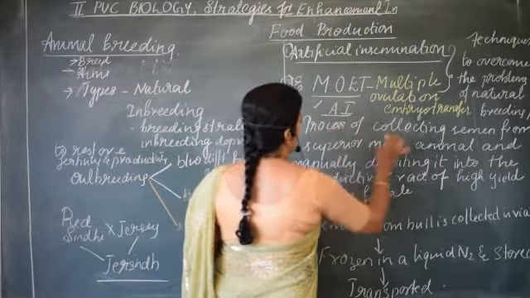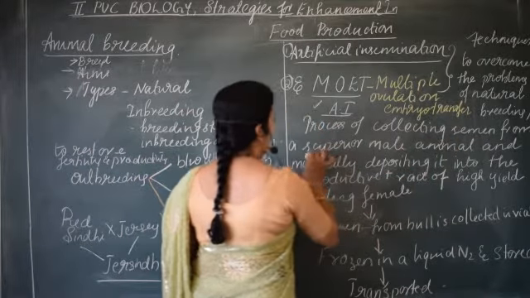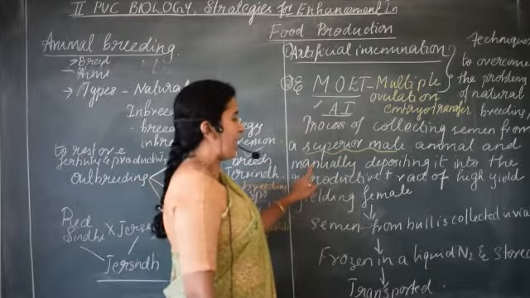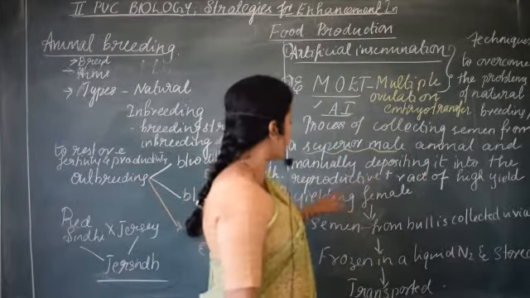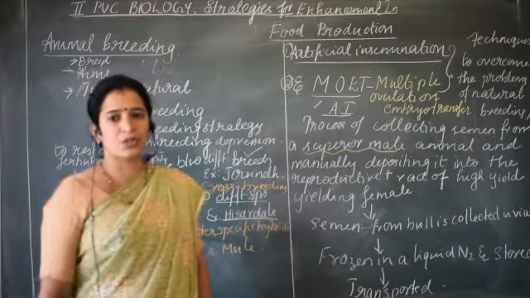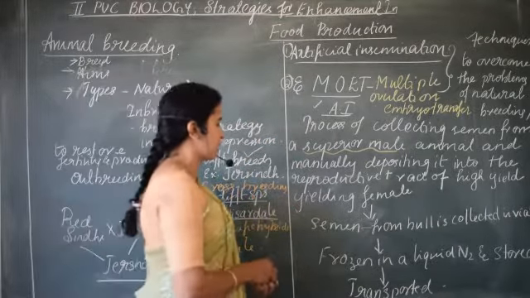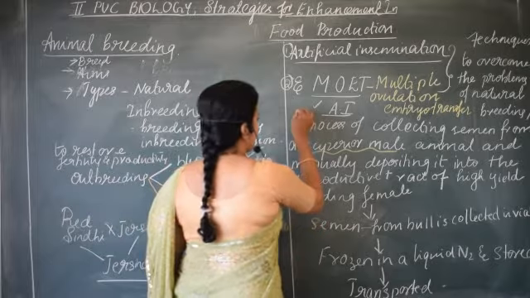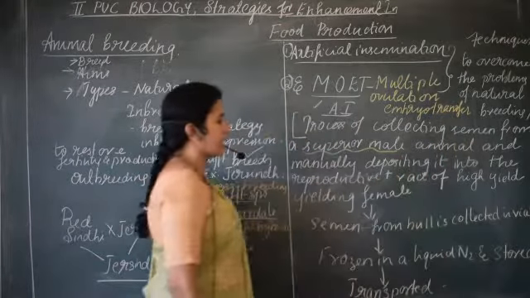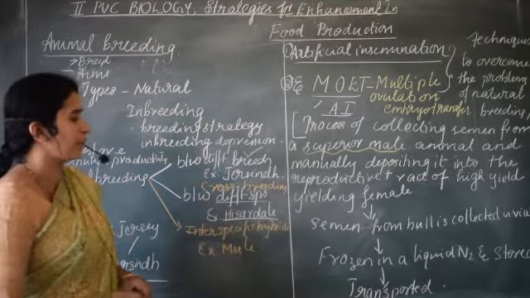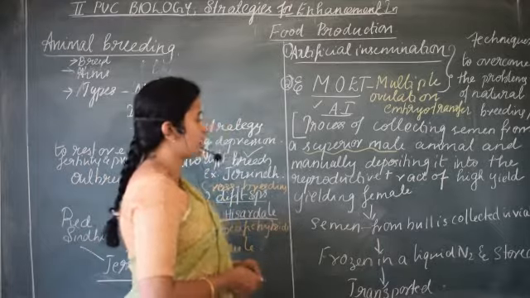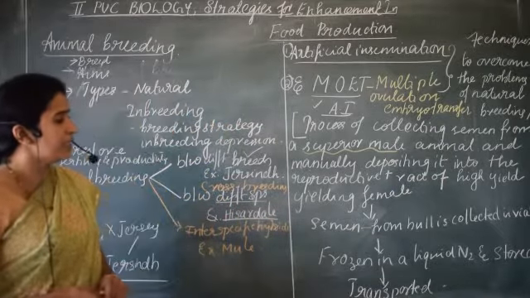It is a process of collecting semen from the superior male animals and manually depositing it into the reproductive tract of a high yielding female. So that is artificial insemination. The definition is the process of collecting semen from a superior male animal and depositing it manually into the reproductive tract of a high yielding female.